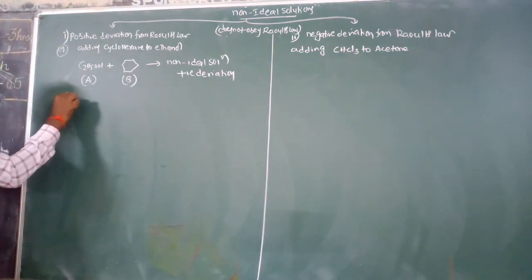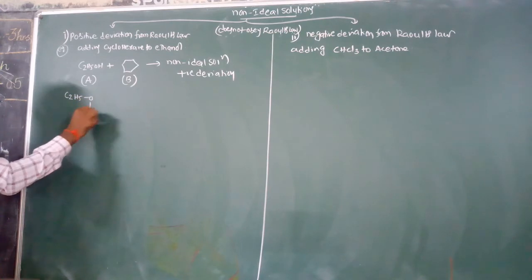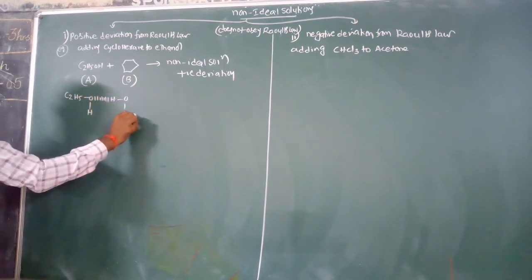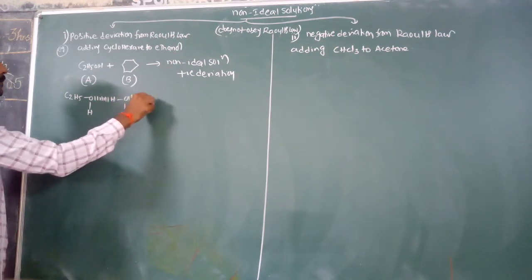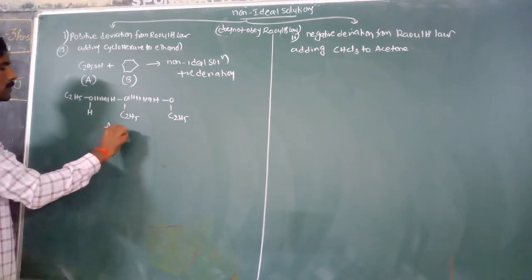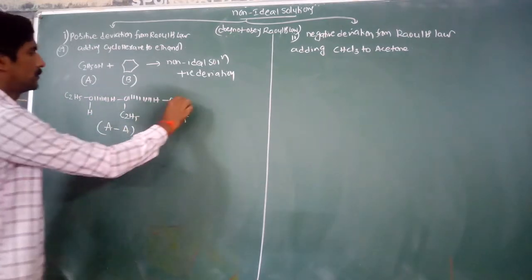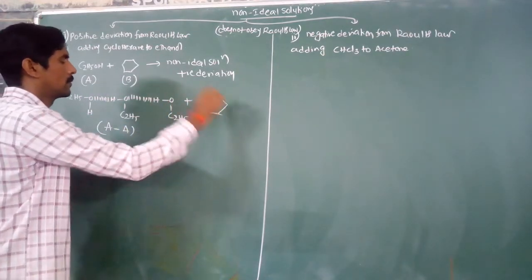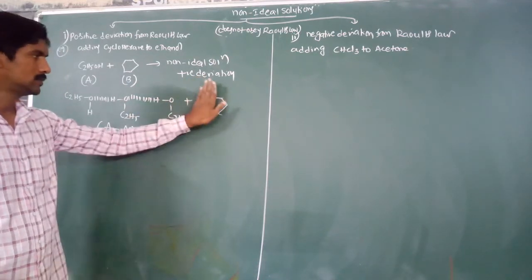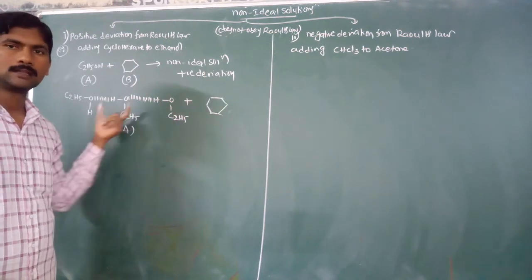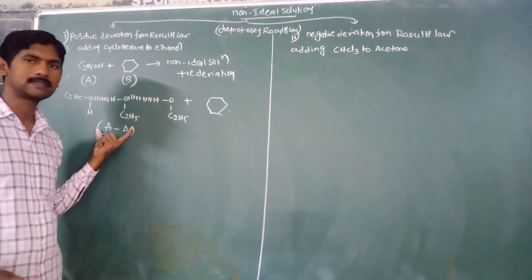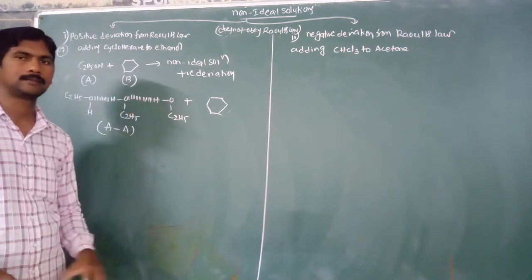So before adding cyclohexane to ethanol, there is hydrogen bonding between ethanol molecules, the AA interaction.